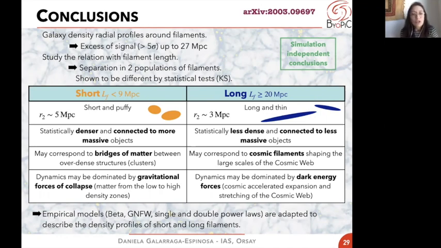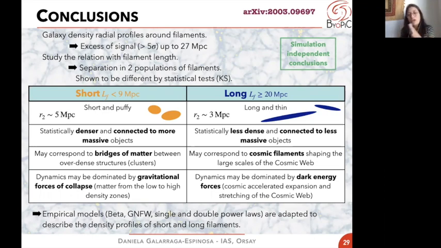So the shorts can be seen as short and puffy filaments that are connected to denser, more massive objects that may correspond to bridges of matter, and therefore their dynamics can be dominated by gravitational forces of collapse because of the environment where they lie.